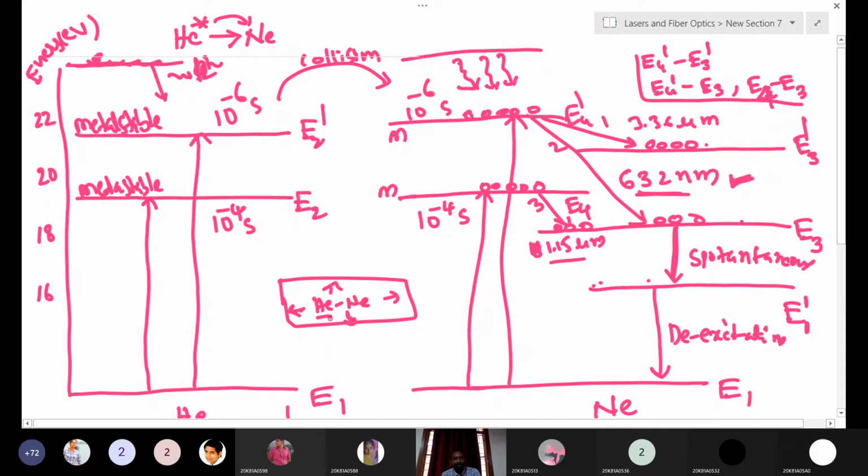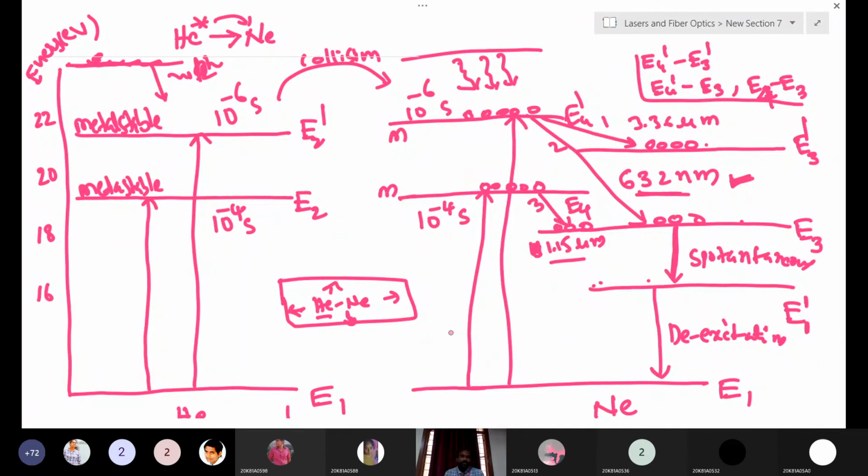After they come to the ground state, they again go to the excited state and make the transition. Here in the lasing action we get population inversion continuously. That's why this laser is a continuous laser. We can achieve population inversion continuously, and there is no stopping of the lasing action.